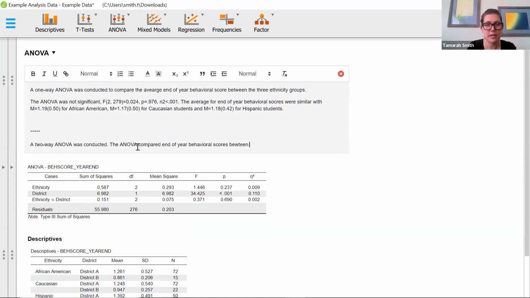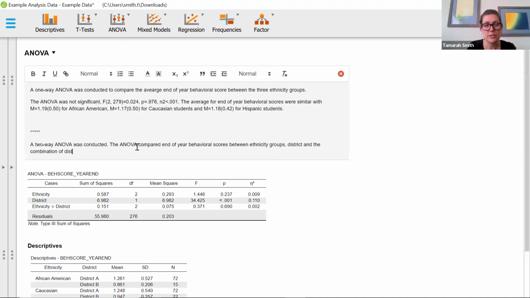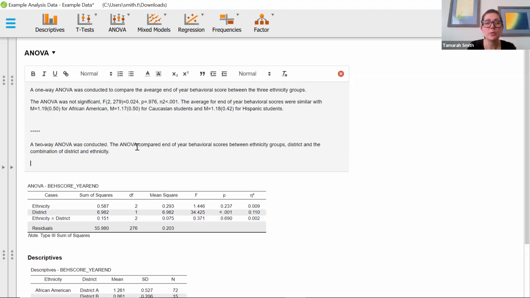Between ethnicity groups, district, and the combination of district and ethnicity. And then you move on to what you found, right? The ANOVA was significant for ethnicity.